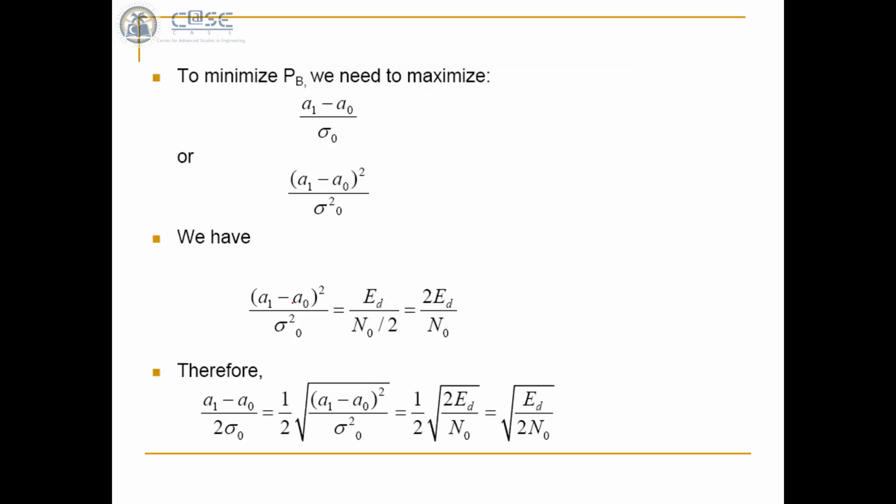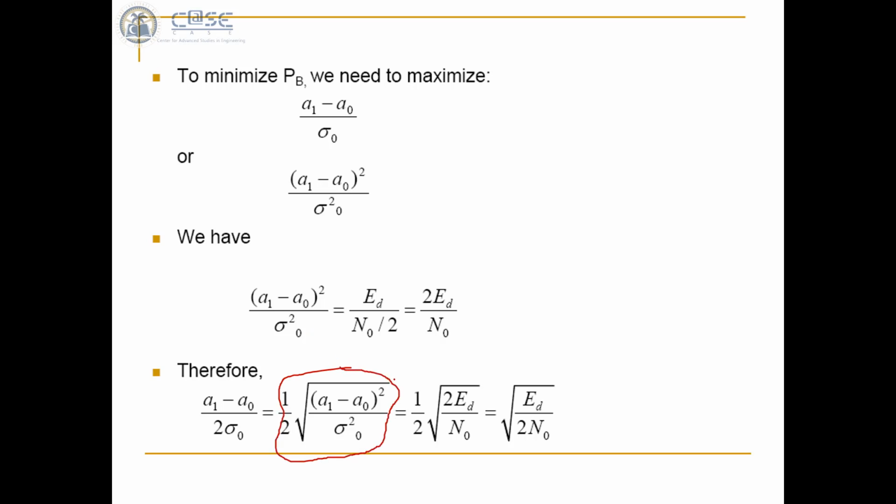So let's see how the argument of the Q function translates itself into some meaningful form. If you see here, in the argument you have A1 minus A naught divided by sigma naught. If you compute the squares of it and then take the square root of it, you can express it in this form here, right?